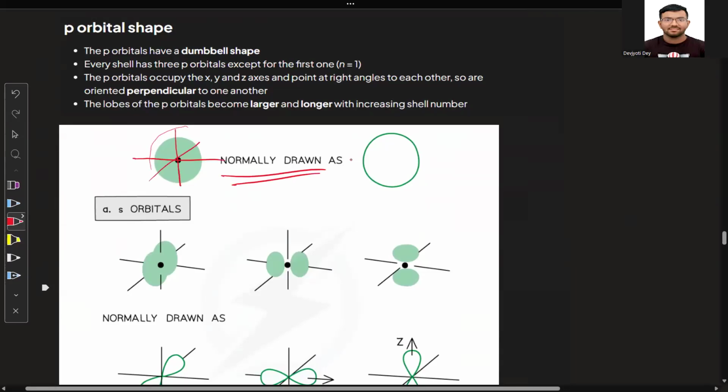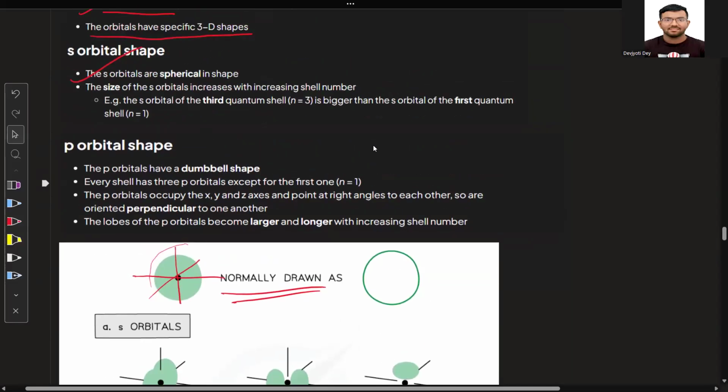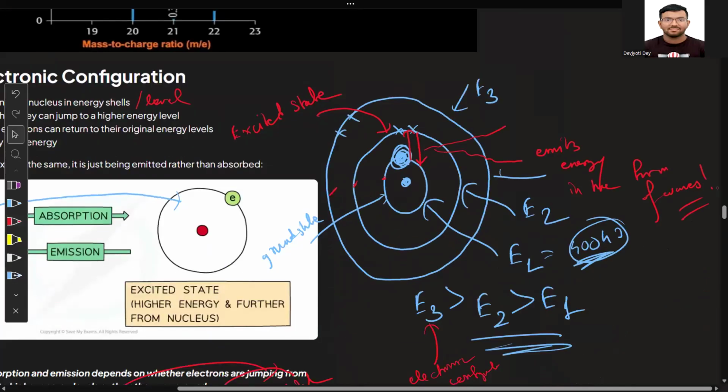All right. It can be normally drawn like this, but you can also draw it like this if you want. So it's a spherical shape, and you have to remember that the size of the s orbital increases with increasing shell number. So this basically means that the s orbital of the third quantum shell is bigger than the s orbital of the first quantum shell. What they're trying to say is that these are quantum shells, right?